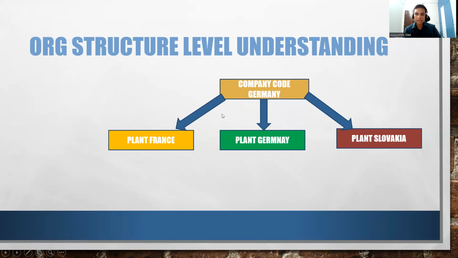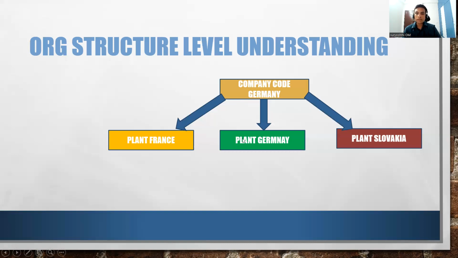Right? If you are living in this country and you are going outside, then that is abroad to you. In a similar way in business, if France is selling some stock to Germany, then what are the settings that need to be involved, that we are going to see. In our practical example, we'll take the German company code and the German plant.